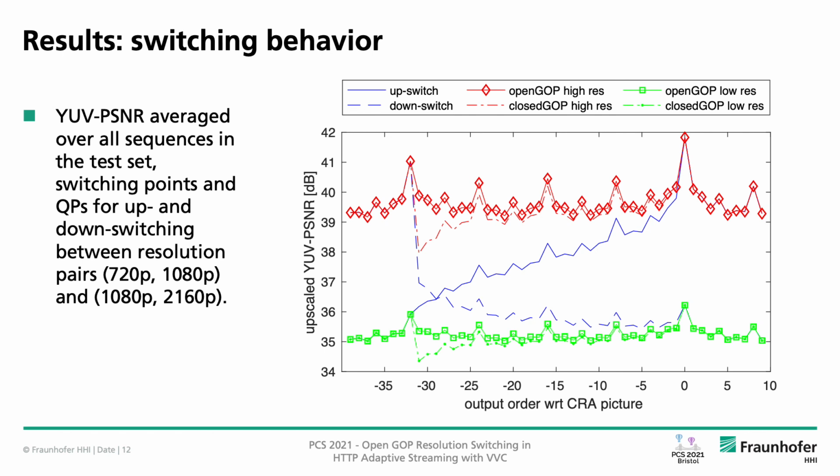It's visible that for up switching, there's a really gradual transition from one quality to the second quality. And for down switching, there's a rather sharp drop with the first leading picture. And this may be due to the involved downsampling of the reference pictures, which introduces a sudden quality degradation on its own with the first picture.